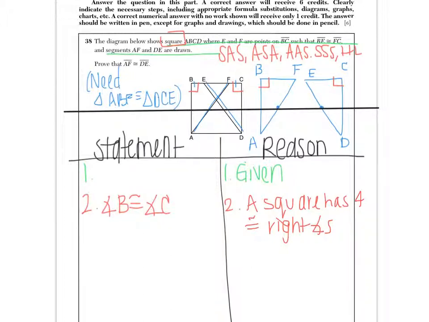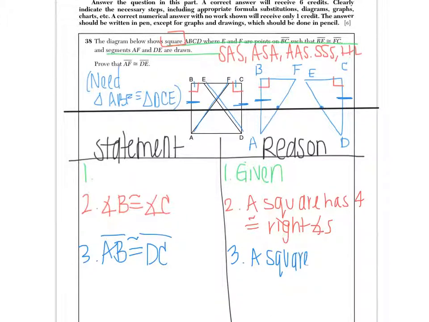Now we also know that the 4 sides of a square are congruent. So I'm going to mark AB congruent to DC. So I'm going to state that AB is congruent to DC. And this is because a square has 4 congruent sides. Alright, so that's 2 pieces of information.